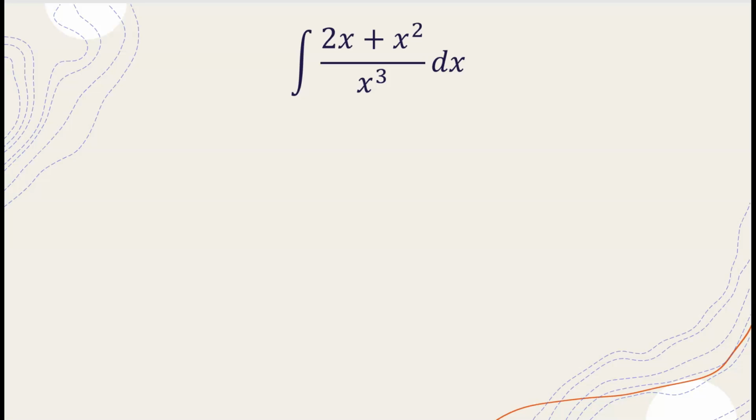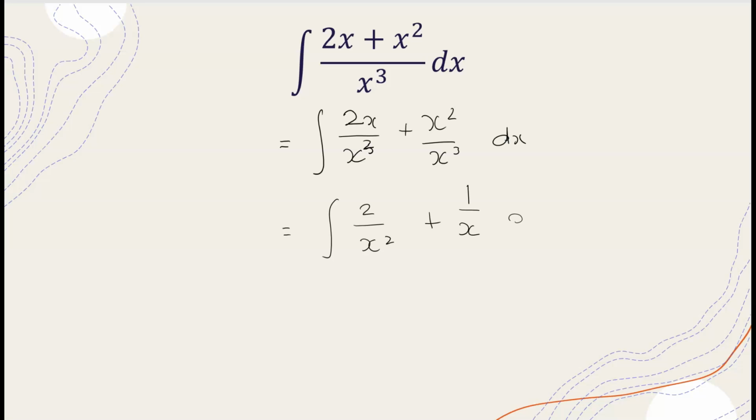Now you can see that we can simplify that first, and we can divide everything by x squared. So then we've got 2 over x cubed, x squared. We can cancel the x's, and then we've got x squared over x cubed. Actually, maybe we'll do it so you can see exactly what I'm doing. And then that becomes the integral of 2 over x squared plus the integral of 1 over x.